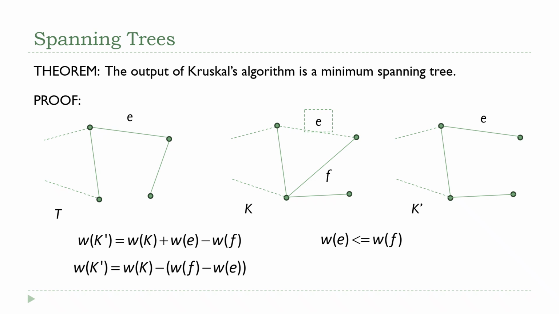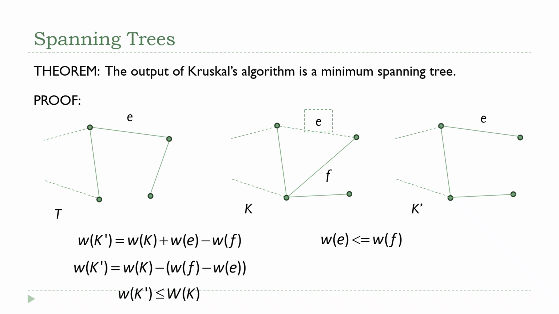Right? This means that W of T prime is less than or equal to the weight of K. Well, K was a minimum spanning tree. It has the minimum weight. This means that the weight of T prime actually has to equal the weight of K, which means that T prime is also a minimum spanning tree. And there's the contradiction.